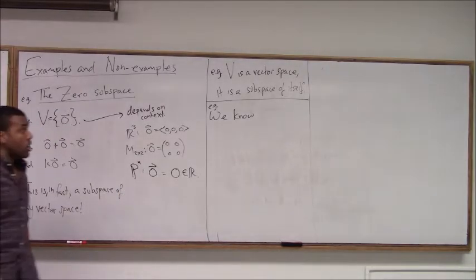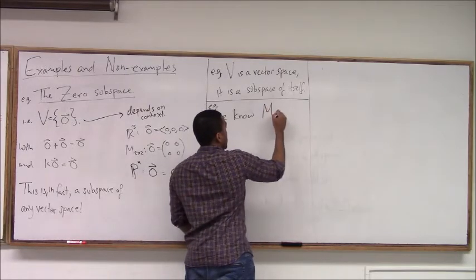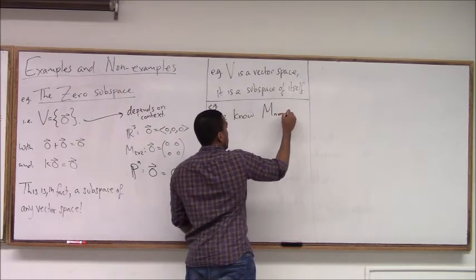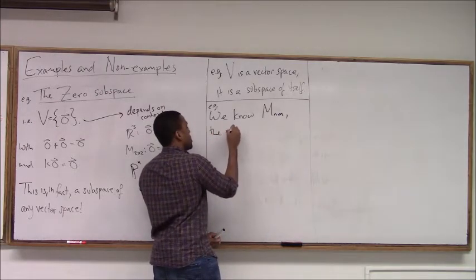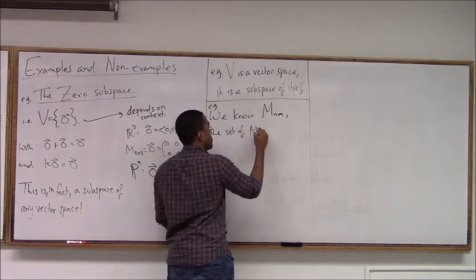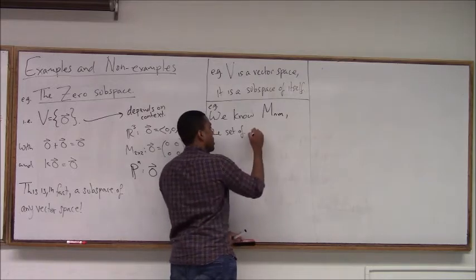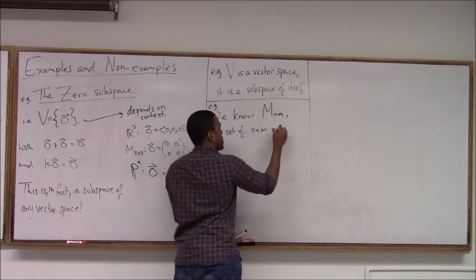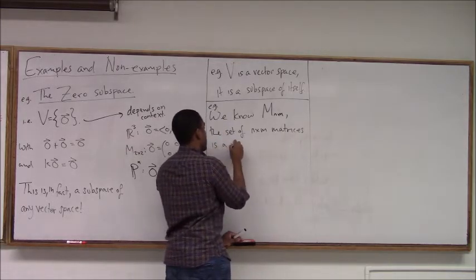They will fulfill all the 10 axioms. So we know the set of n by m matrices is a vector space.